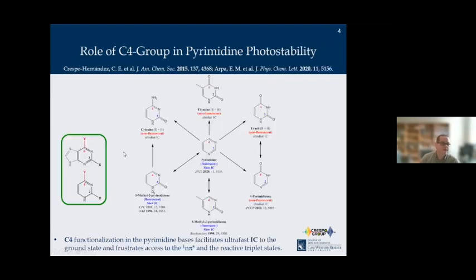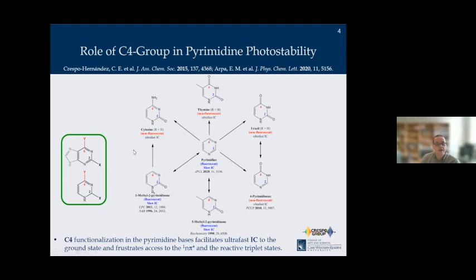Of course, if this hypothesis has merit, you would expect that the pyrimidine molecules will show similar phenomena. If you compare the purine chromophore with the pyrimidine chromophore, you can see that a purine base is nothing other than a pyrimidine analog with an imidazole group in the 5-6 carbon position.